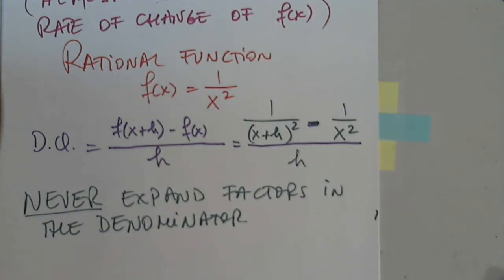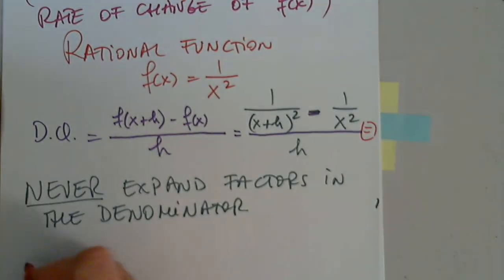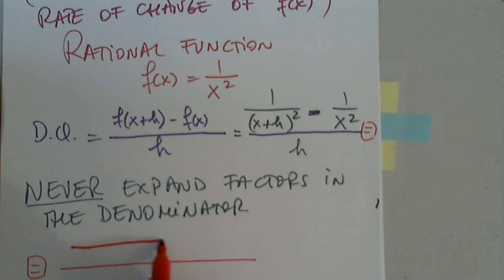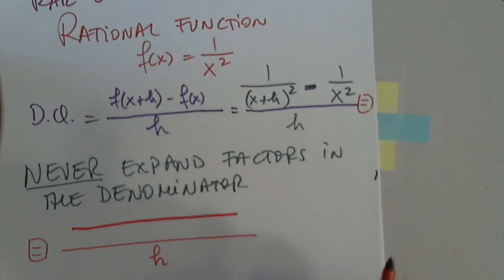This is all we have to write initially. Next step. Now we have to find the least common denominator in the numerator. Can anyone give us the least common denominator in the numerator? Which numerator? Very good.